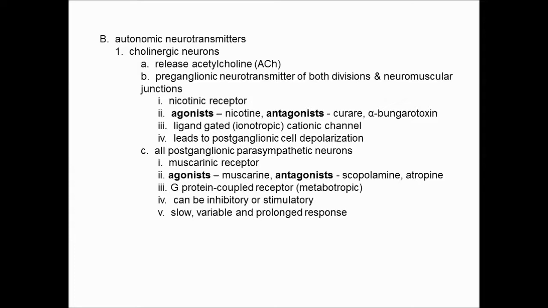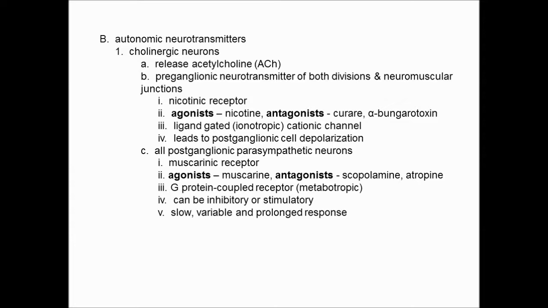The receptor for this cholinergic neuron in the preganglionics and in the neuromuscular junction is said to be nicotinic. And nicotine is a drug, it's in cigarettes, which is an agonist. It increases the activity of cholinergic receptors.